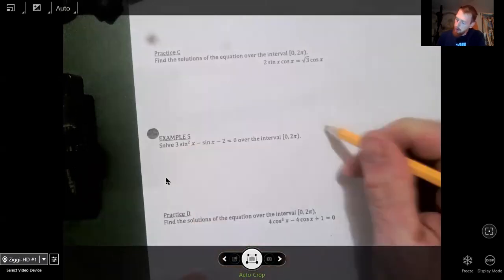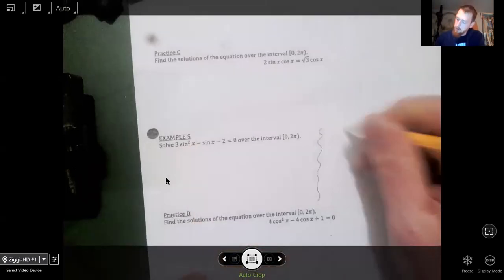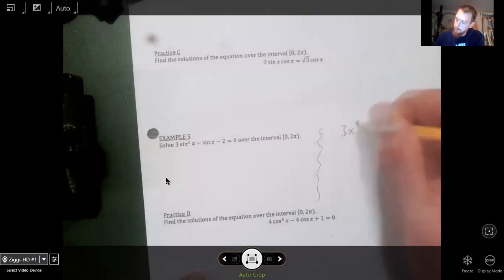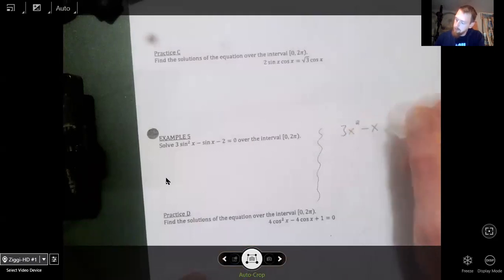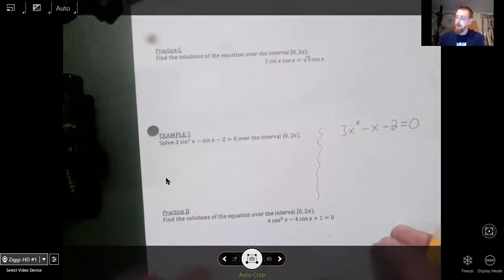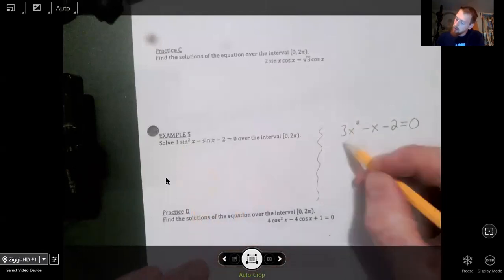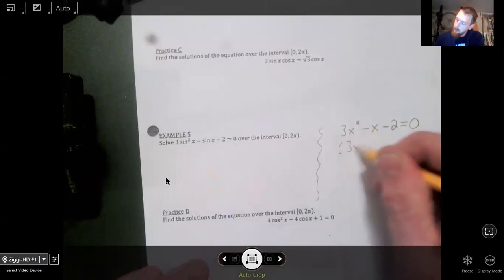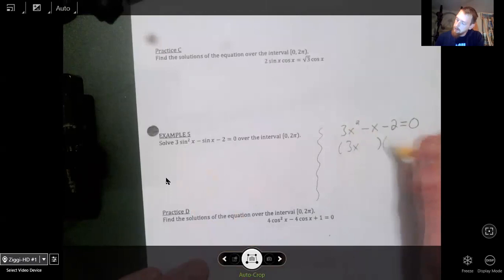So the corresponding algebraic equation that we would use would be 3x squared minus x minus 2 equals 0. Okay, so let's think about how to factor this, and then that'll give us a clue for how to factor this over here. Okay, so it looks like we're going to need to have 3x times x.